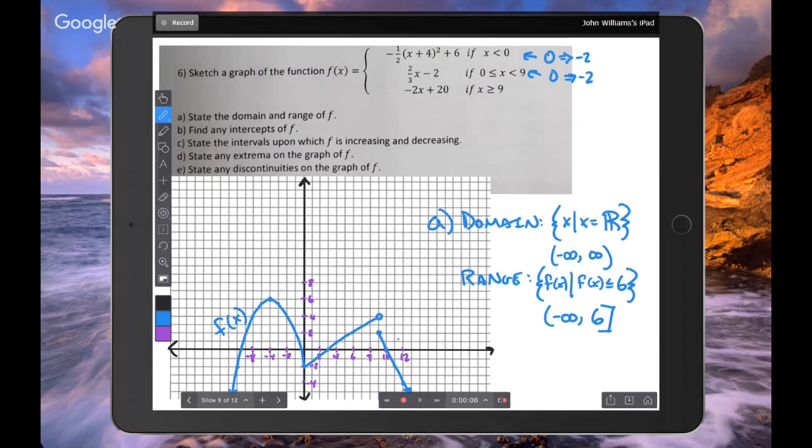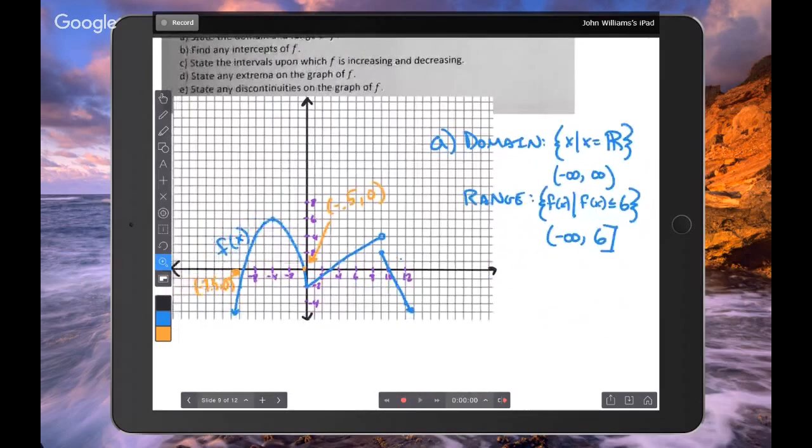I happen to know they're at 7.5 and negative 1.5, so I'm just going to write them in right now. But in this case, we could just get that by estimating, and this happens to be a pretty good estimate. So this point is negative 7.50, and this one is negative 0.50.